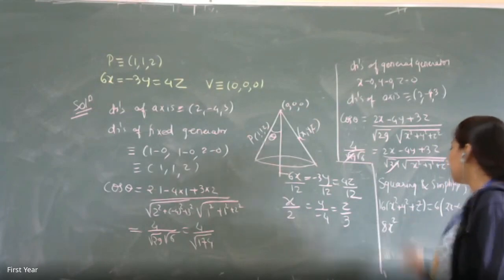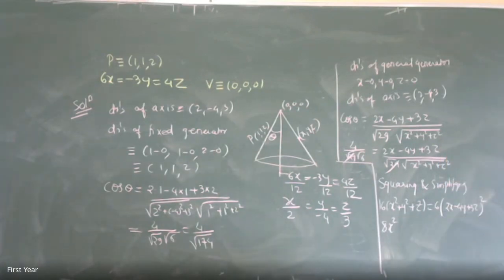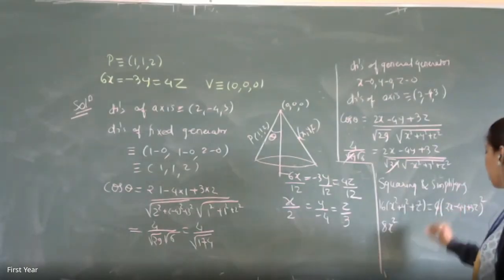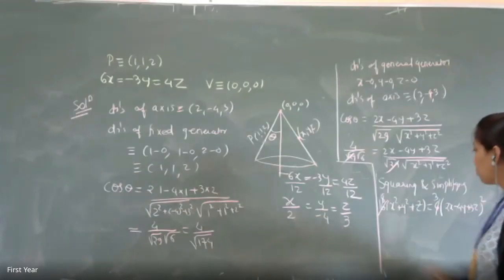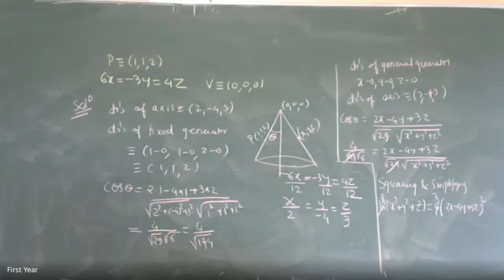8x square, then it is 16 into 6 minus 16. How much is that? You can cancel off here. This is 3 and this is 8. So it will become 8x square and this is 12, so 4x square.